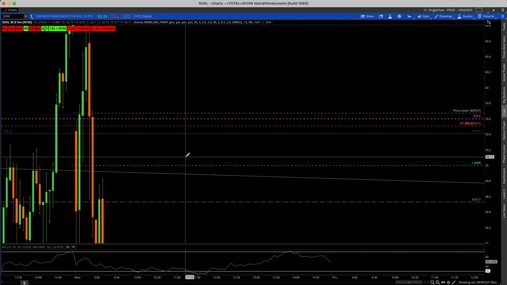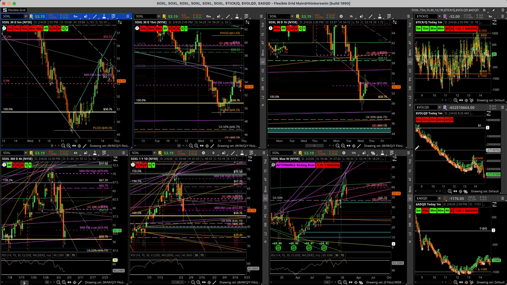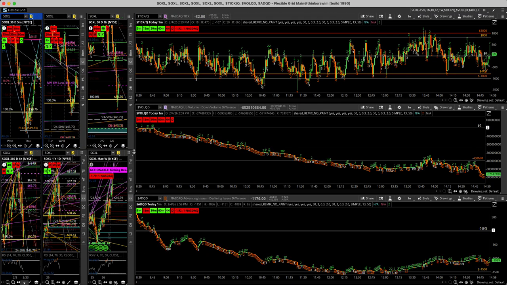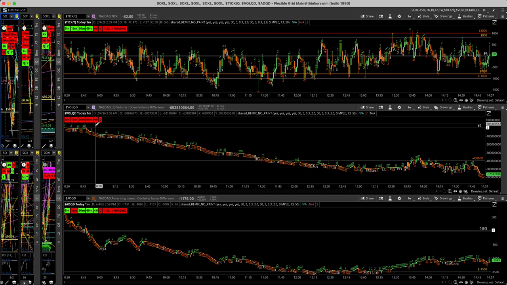So that combined with, if we go to the internals, let's bring these up, right? And if we just look, the tick was, especially in the morning, just pushed straight down, went to midline, played around a little bit, but then went down.